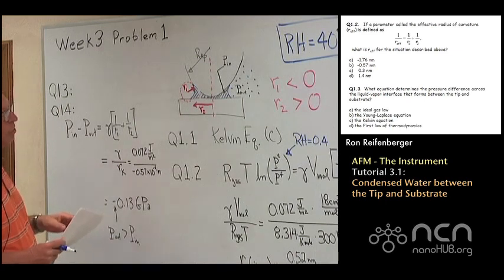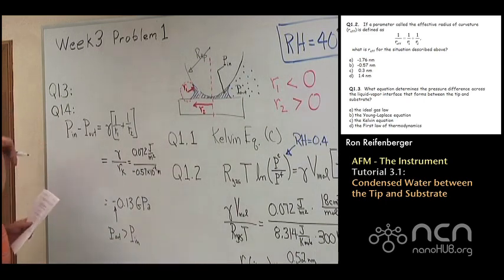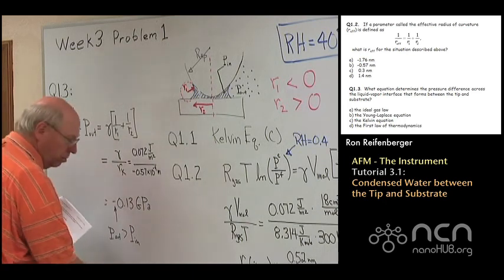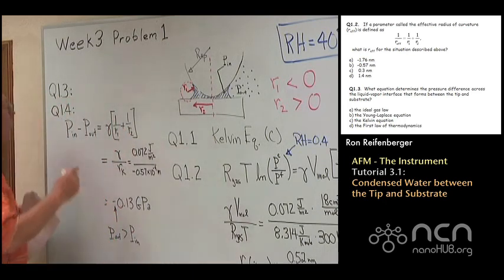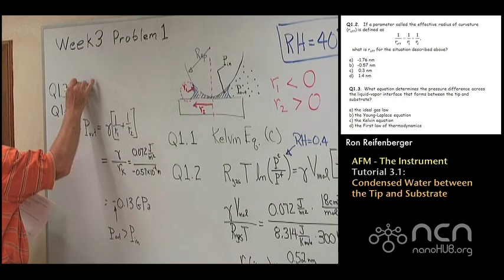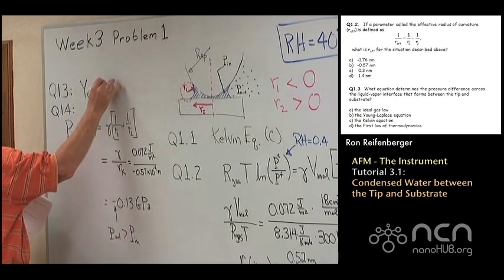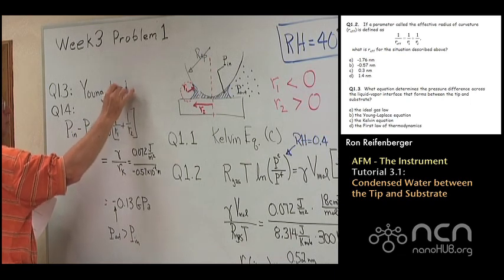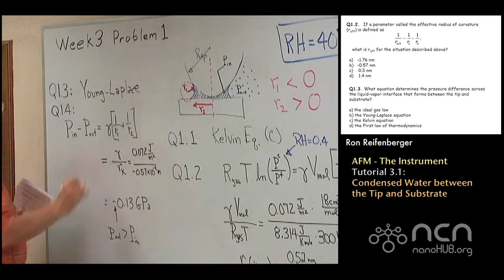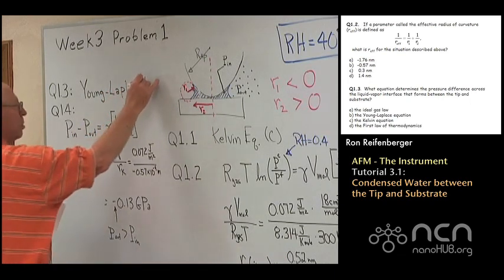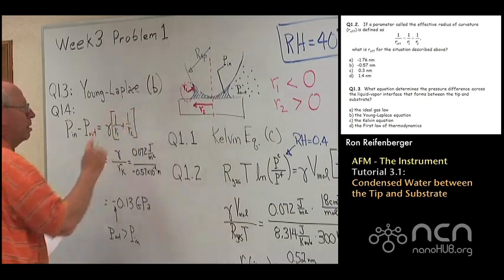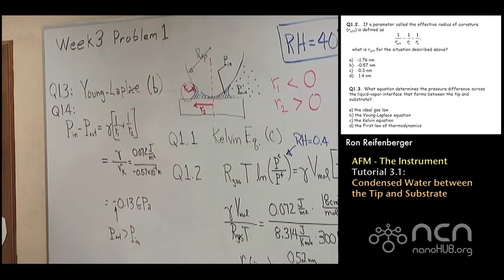The difference in those two pressures is determined by the Young-Laplace equation. So the correct answer for question 3, if you listen to the lecture notes, hopefully you would be able to immediately write down Young-Laplace, right? And I believe that's choice B in the statement of the problem.